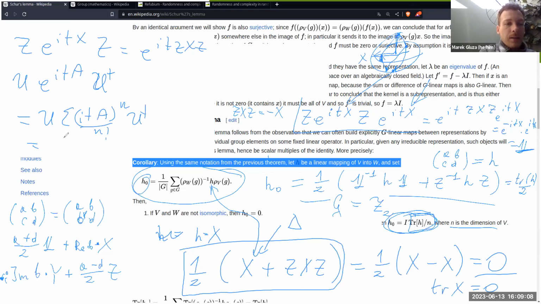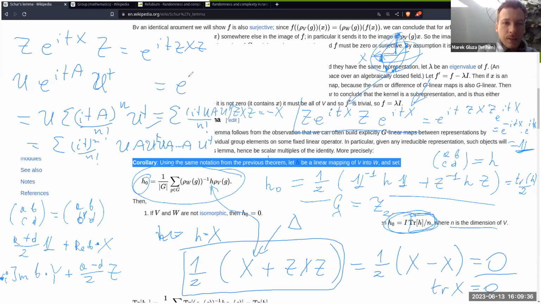And you can see that here you will have (it)^n divided by n factorial, then U A n times A U dagger, and then here you insert identity U dagger U, and then you have again U, which means that this becomes a series of (it U A U dagger)^n divided by n factorial.